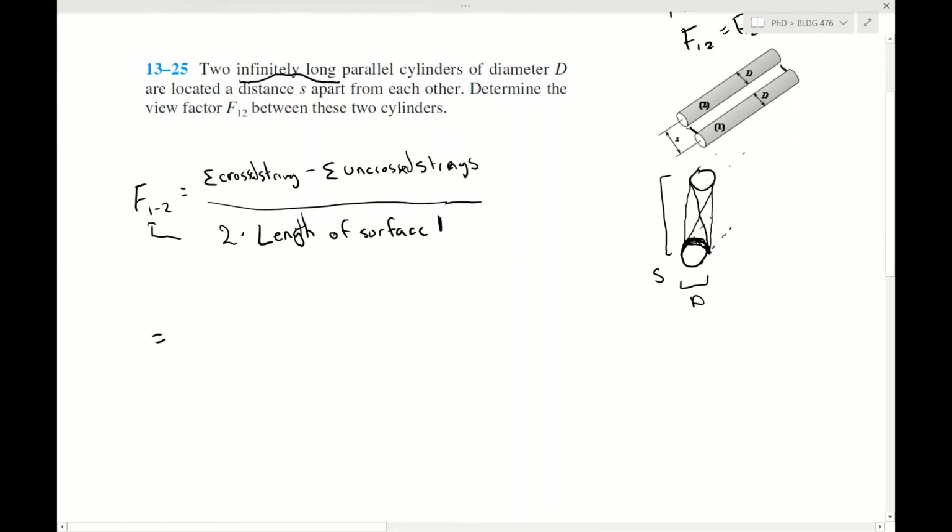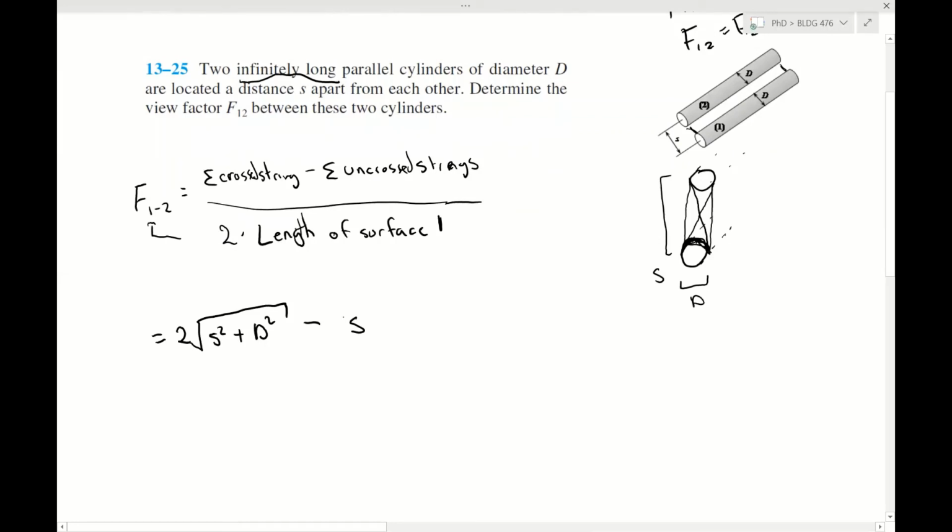Okay, so once we know the method, it's fairly easy. So this distance from here to here is just using Pythagoras, square root of s squared plus d squared. We know that the other one also has the same length, so there's just 2 of them. Subtract this distance, which is defined as s.